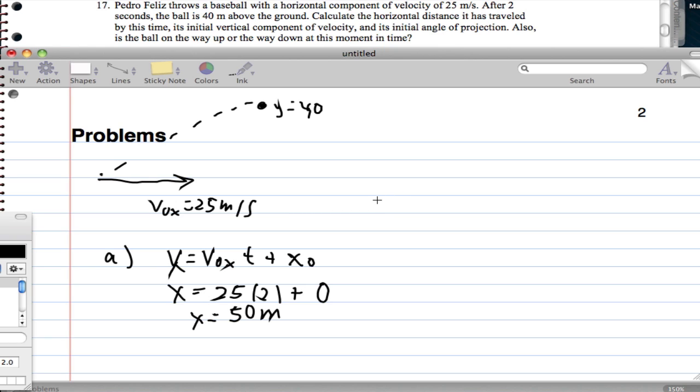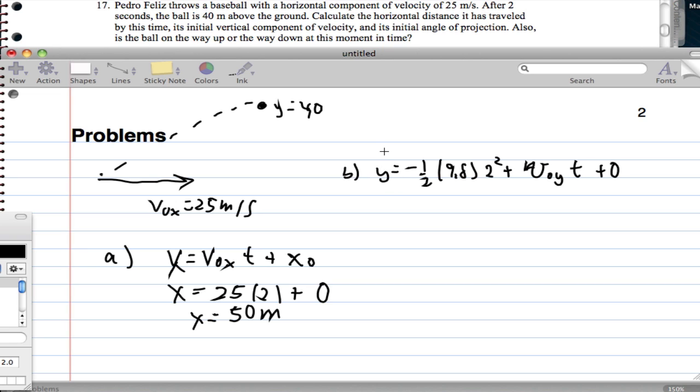Now, we want to calculate its initial vertical component of velocity. So we know that after 2 seconds, the ball is 40 meters high. So let's try to figure out this initial component of velocity. For part B, I'm going to say y equals negative 1/2 times 9.8 times 2 squared plus v naught y times t plus 0.